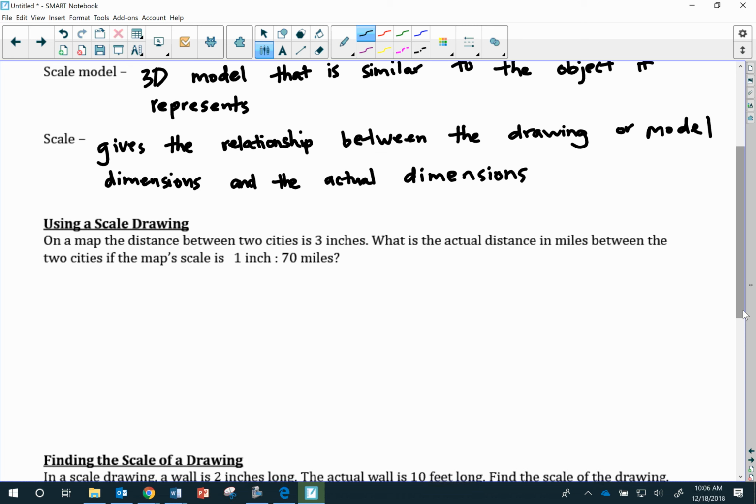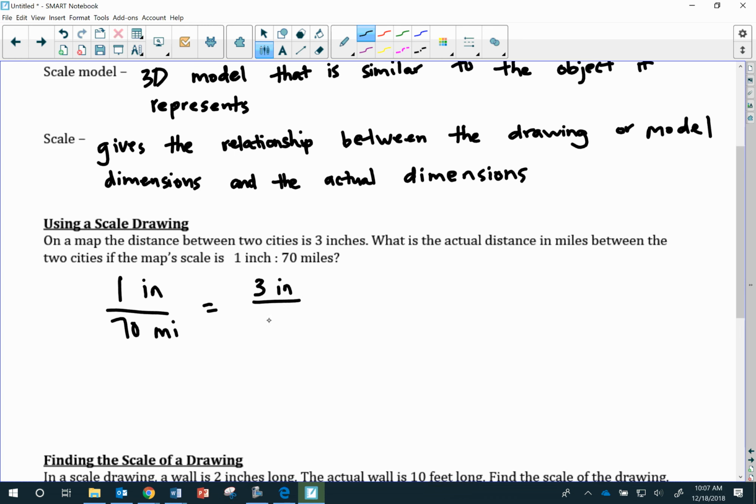So it says using a scale drawing. On a map, the distance between two cities is 3 inches. What is the actual distance in miles between the two cities if the map scale is 1 inch to 70 miles? So I'm going to go ahead and set up my ratio here. I've got 1 inch to 70 miles, and then the distance on the map, we have 3 inches.